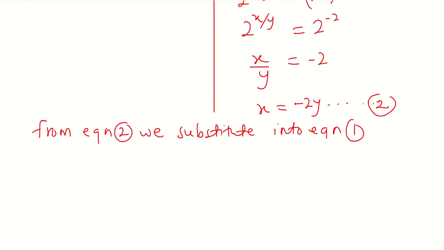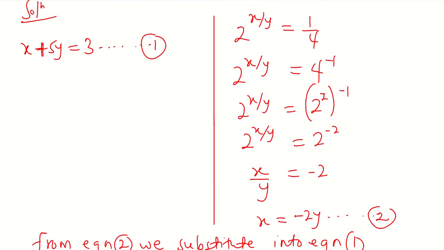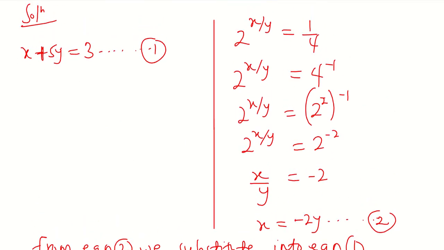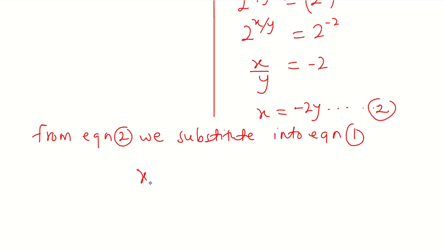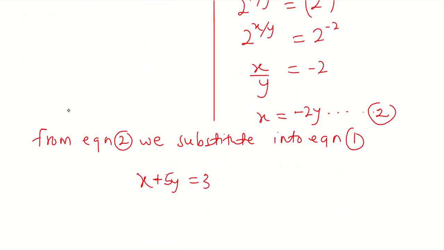And so at this end, we have equation 1 as x plus 5y is equal to 3. Now, if x now is equal to minus 2y, then we have minus 2y plus 5y which is equal to 3.